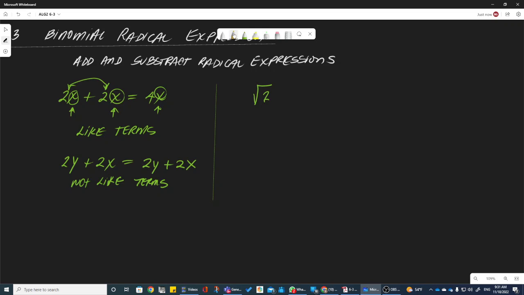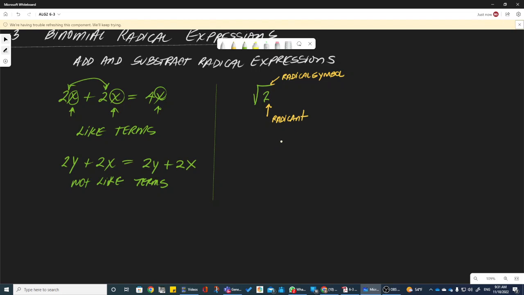Okay, let's identify these things. So that's the radical symbol. Okay. What's inside of the radical symbol? It's called the radicand.